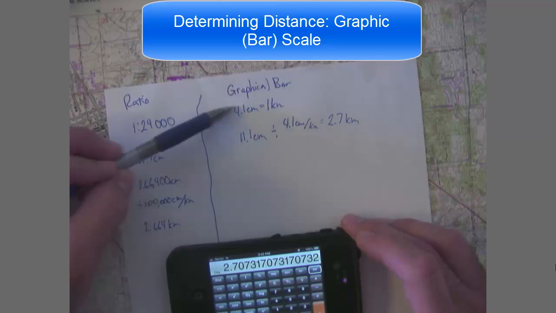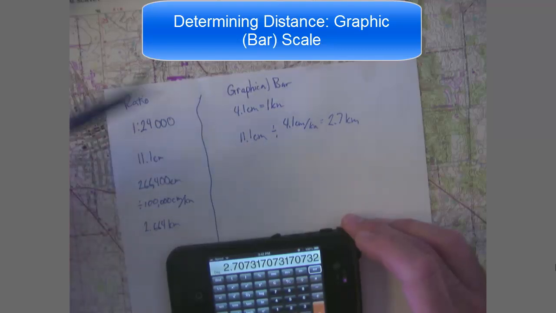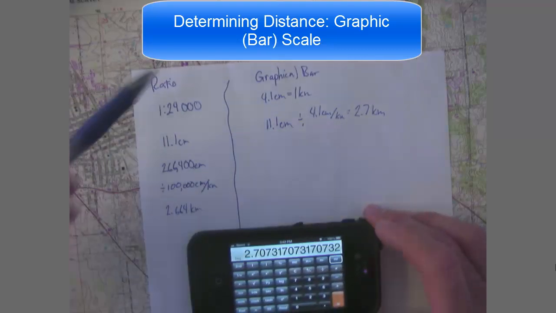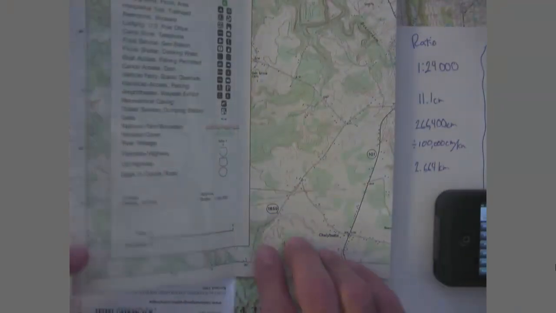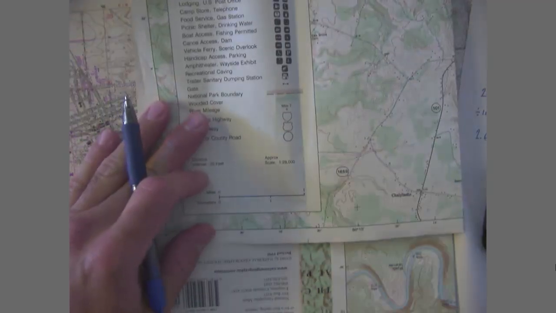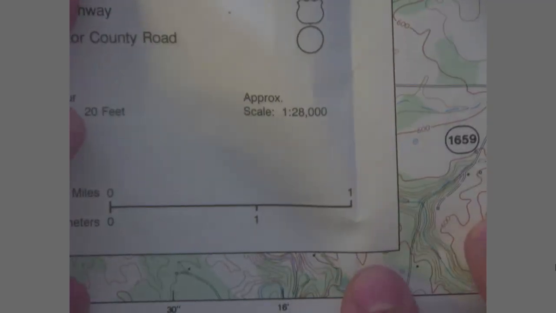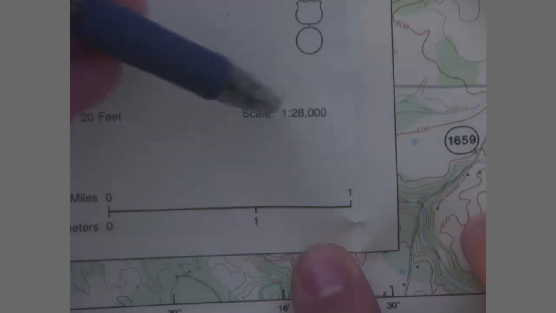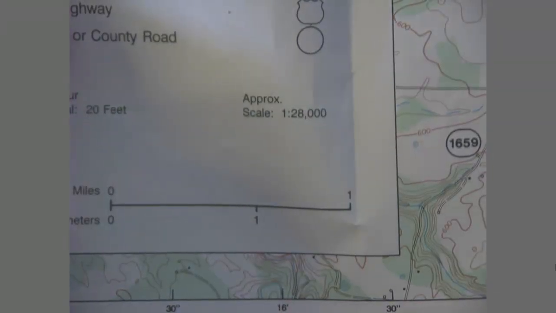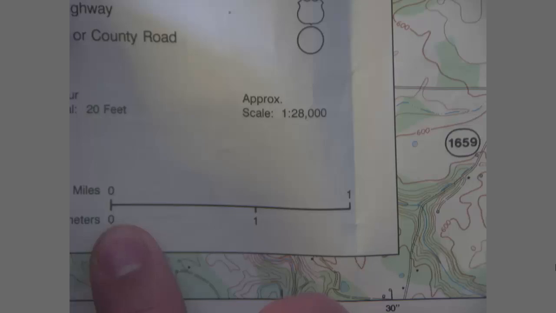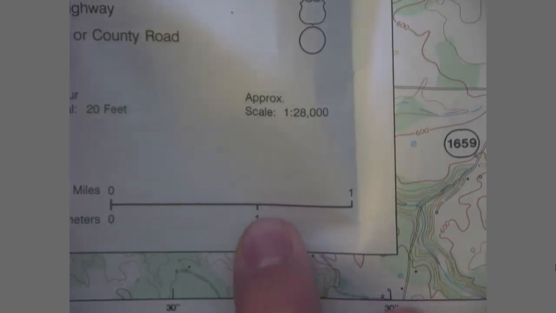Again, this 4.1 is only good for any map with a 1 to 24,000 scale. If it doesn't have a 1 to 24,000 scale, such as if I go back to this map, which, zoom in a little bit, on this scale, so 1 to 28,000, and if it was the exact same, we would see that from here to here would be the 4.1.